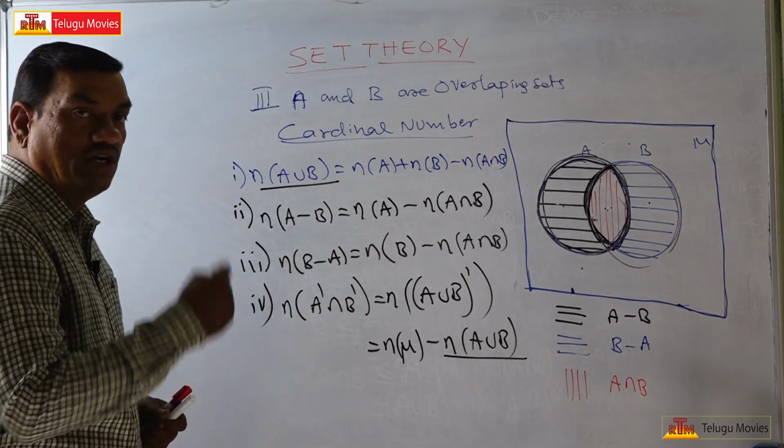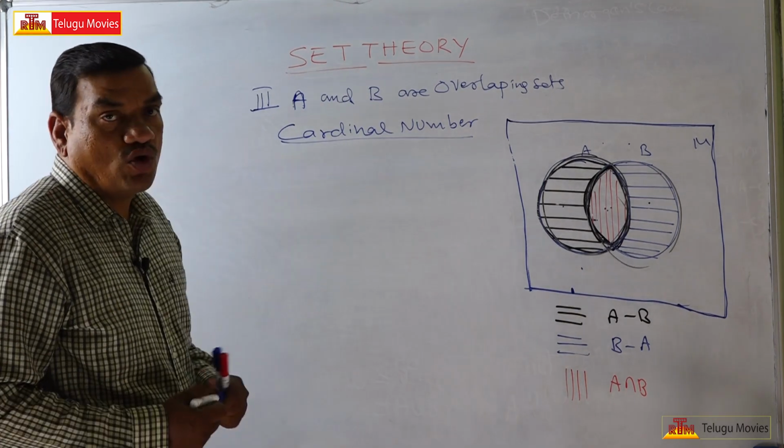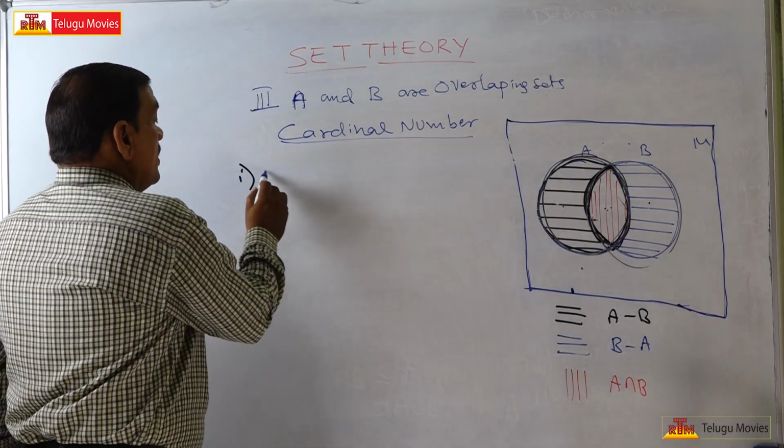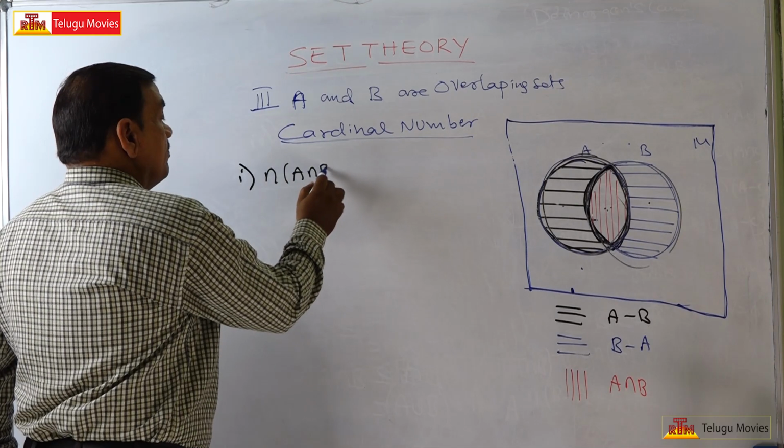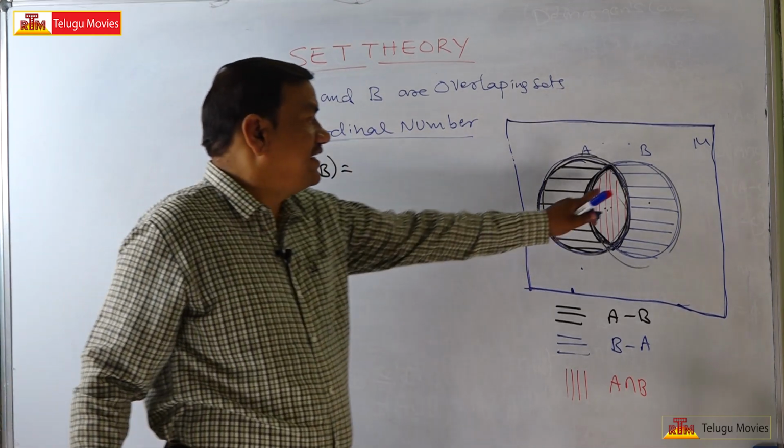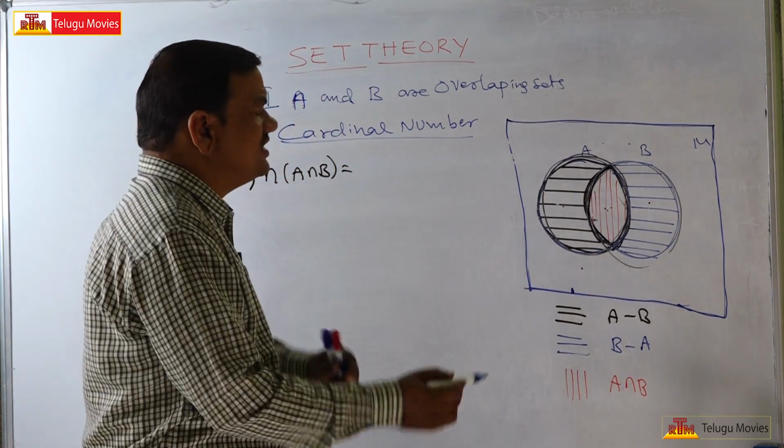Understand this. Let us see some more formulas here. N of A intersection B, the number of elements present in A intersection B. So what is A intersection B?